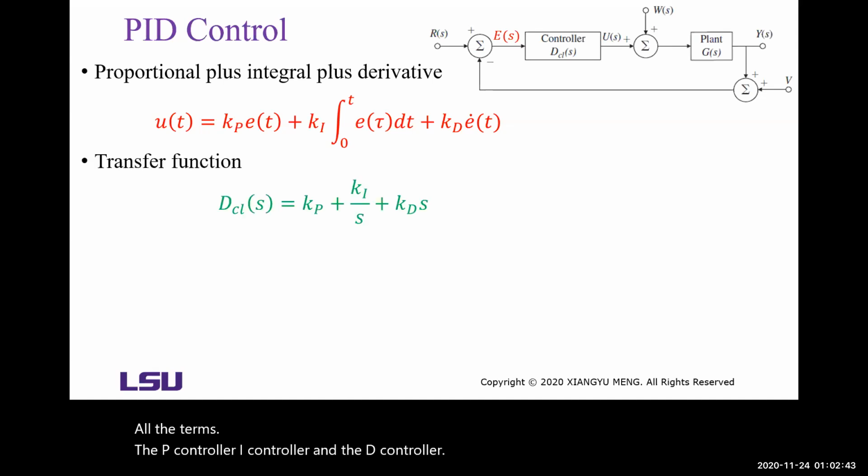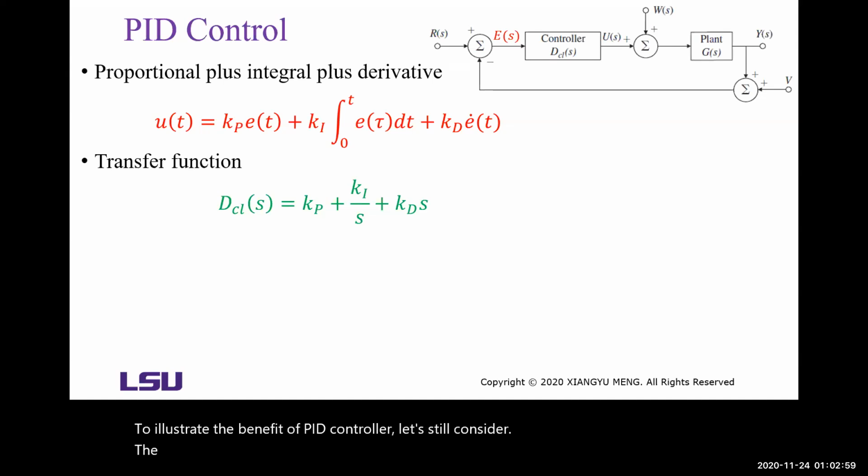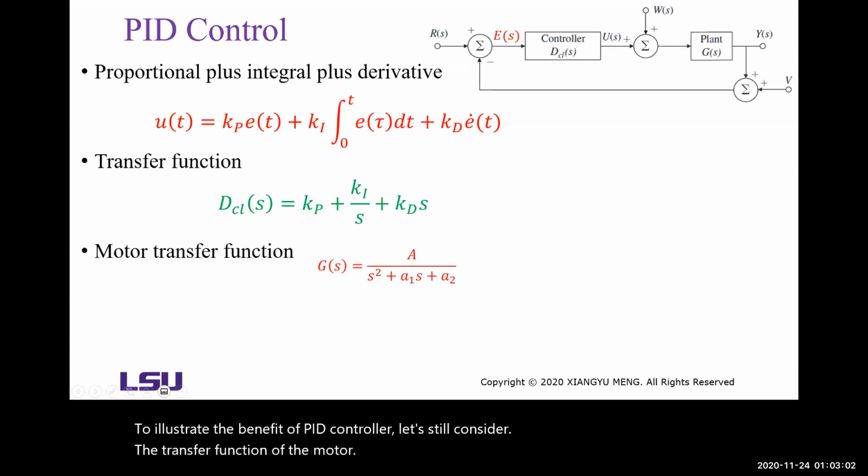The transfer function of the PID controller is Kp plus Ki/s plus Kd s. To illustrate the benefit of the PID controller, let's still consider the transfer function of the motor. In general, if we tune the parameters properly, then a PID controller has all the benefits of the P controller, I controller, and D controller.